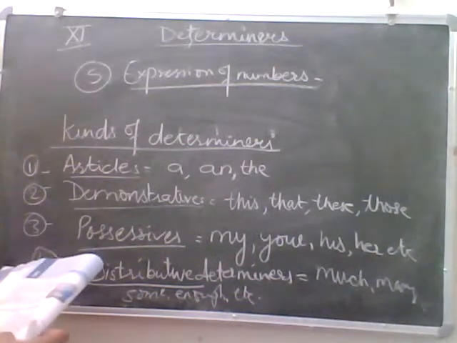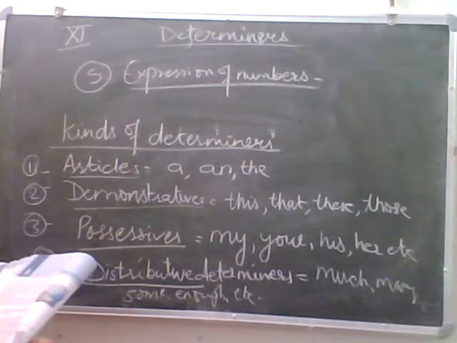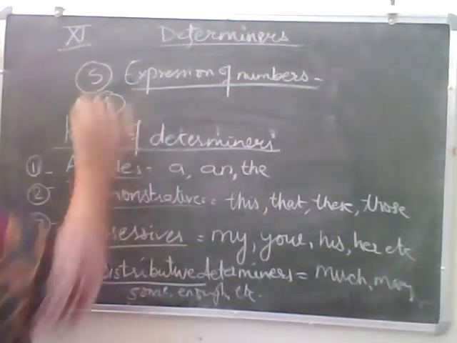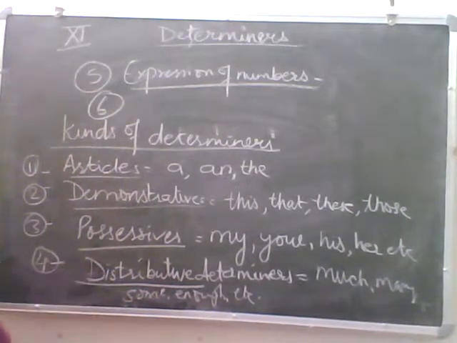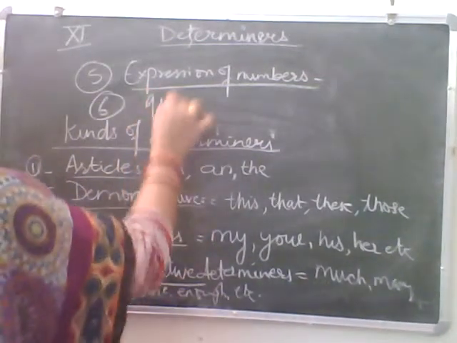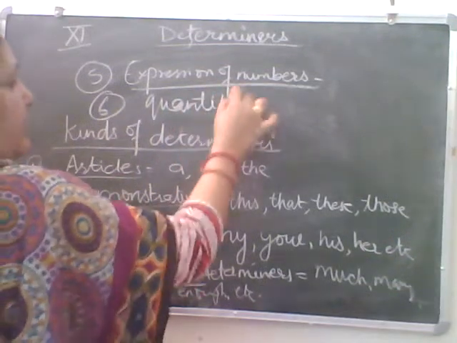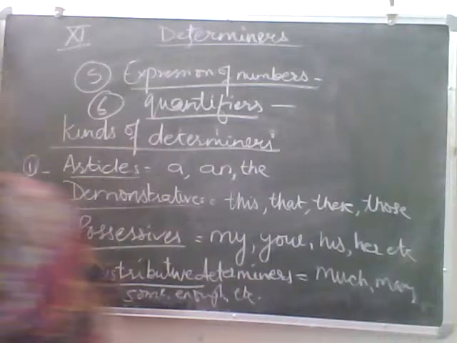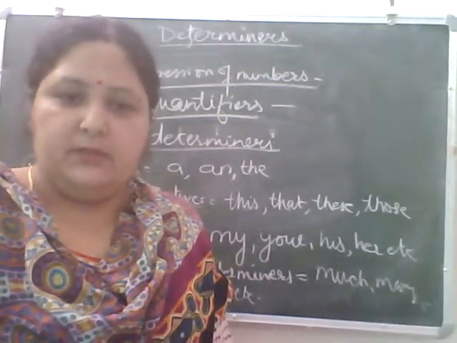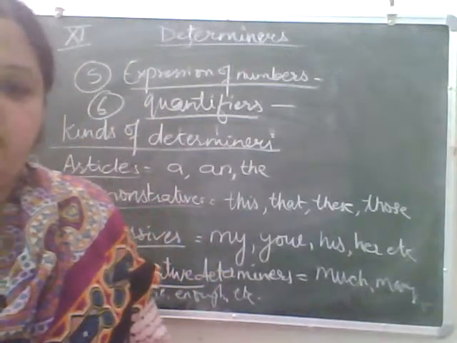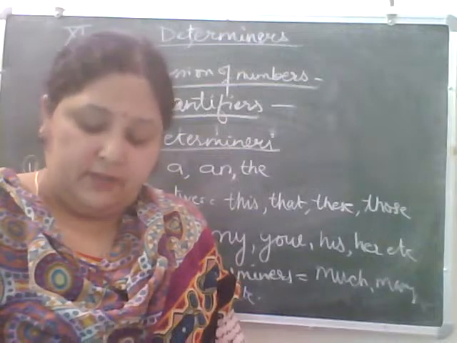Then we have quantifiers. We can also include a few more, which are called quantifiers. Quantifiers, as suggested by the name, tell about the quantity of things, like some, much, little, enough, or a lot of.